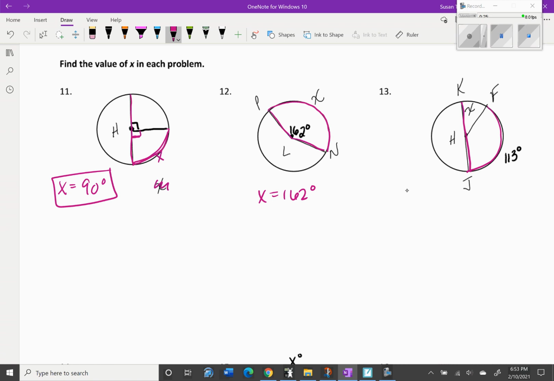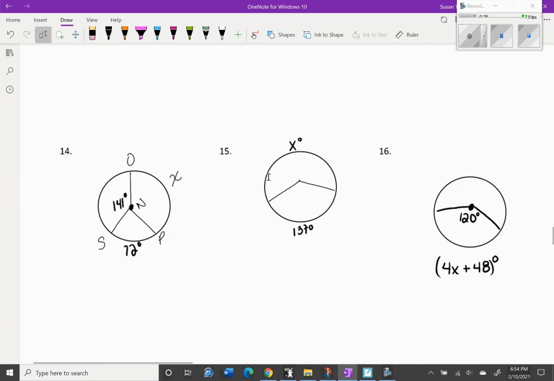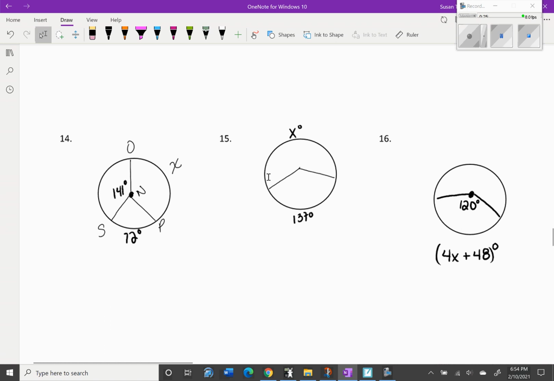So we know that from K to J, that is going to be 180 degrees. So if I want to find x, x is equal to 180 degrees minus 130 degrees, which means x is equal to 67 degrees.